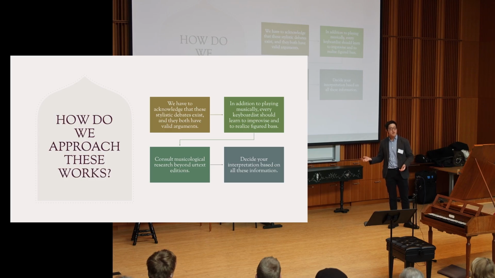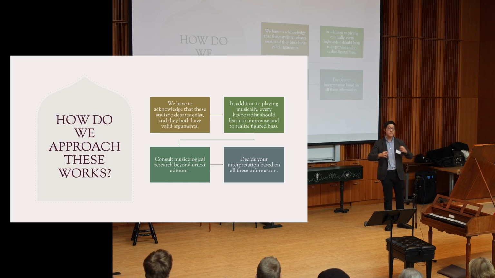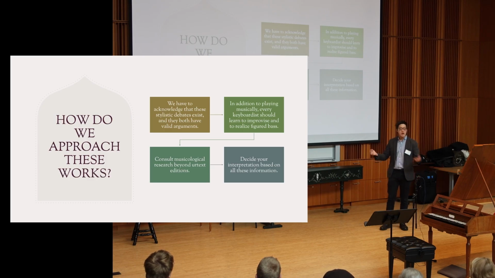For example, the concerto is a device for the player to showcase the contrast between the soloist and the orchestra, and modern musicologists also argue that if you play the bass, it minimizes the contrast between the two forces in the piano concerto, which reduces the dramatic effect of it. But then again, with all of this empirical evidence, we don't really have any conclusive evidence for that.